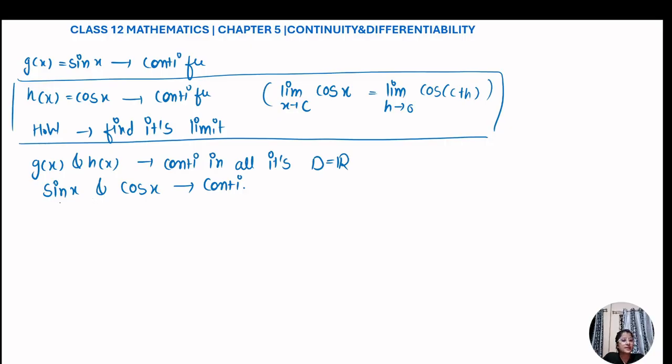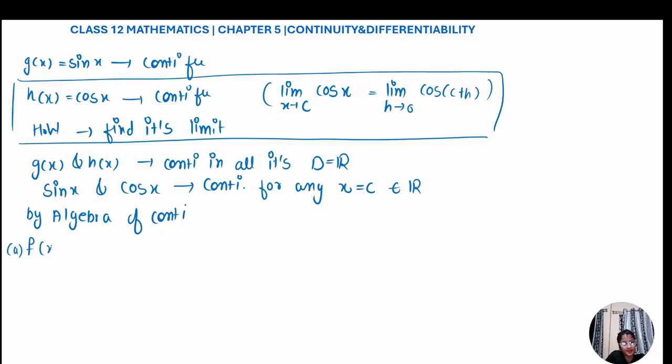Okay, so what we get, sin x and cos x are continuous. Now by using algebra, continuous for any x equals c belongs to real, that means for any real number c. So by algebra of continuity, what we get, first of all, part a, that is nothing but f of x, which is defined as sin x plus cos x.